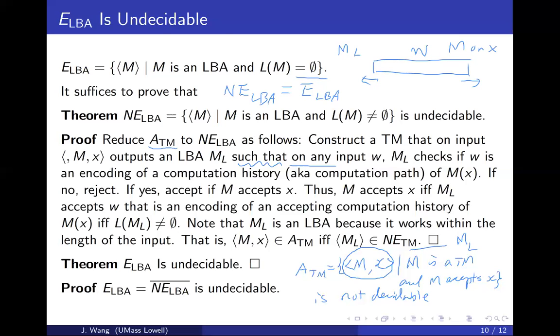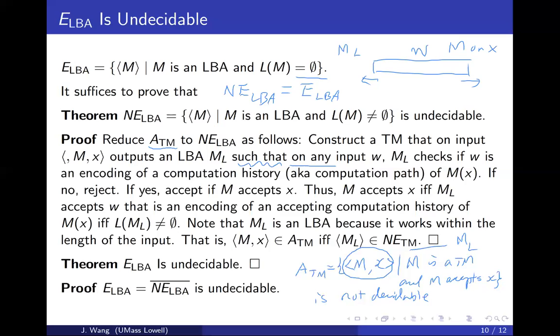Otherwise we reject. Thus, M accepts X if and only if M sub L accepts W, which is an encoding of an accepting computation history of M on X.